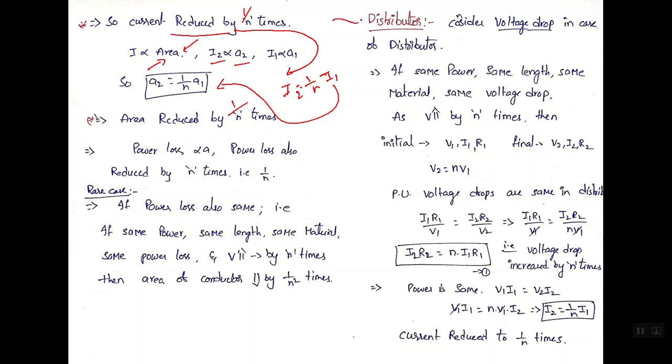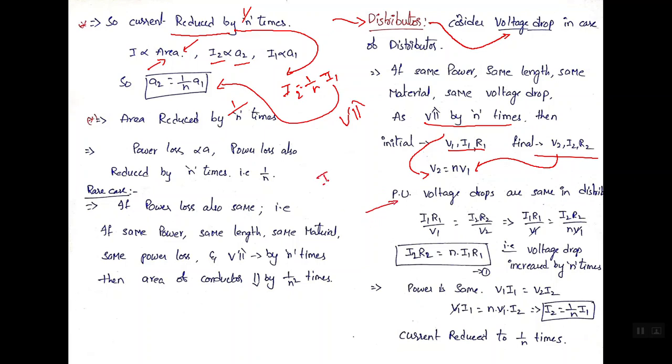In case of a distributor, what happens if the voltage increases by n times? Let us take the initial case and final case. Here the voltage value increases by n times, and in case of a distributor we have to consider voltage drops, that is, the per unit voltage drops are the same.